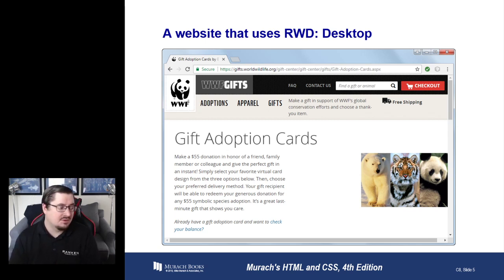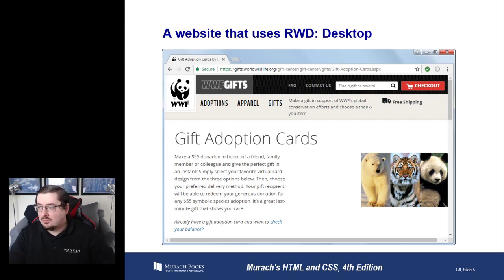Well, the first thing I notice is the header and the nav bar sections are just way too wide, right? They take up way too much space. They may look fine on a desktop, on a laptop, but they are just taking up too much screen real estate for a mobile device, okay?